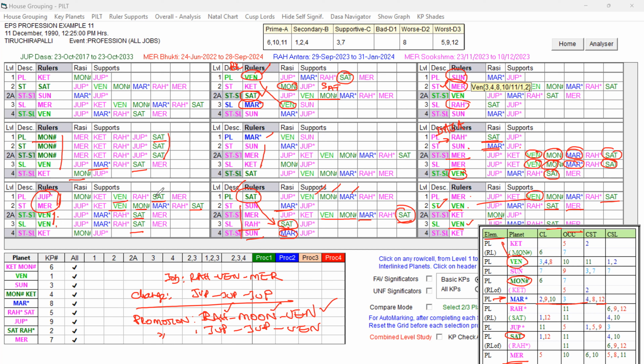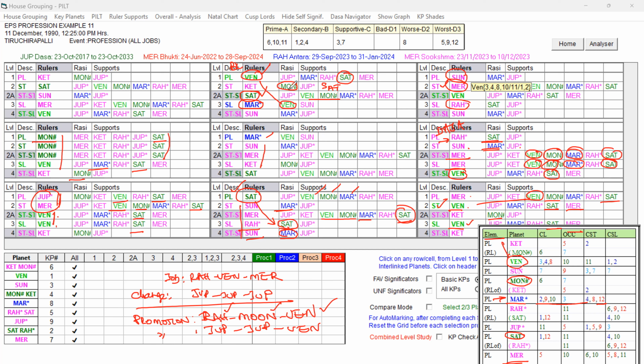Now, in Jupiter, which Antra can favor the promotion? Obviously, the Venus itself, because as we studied in the Moon and Bhukti, Venus has given. Similarly, Jupiter, the same Antra is capable to give the promotion under the Jupiter also. Why? Venus is playing a role here, and in the star level the planet itself is Ketu, Moon.